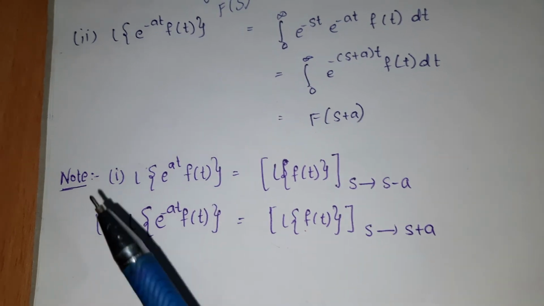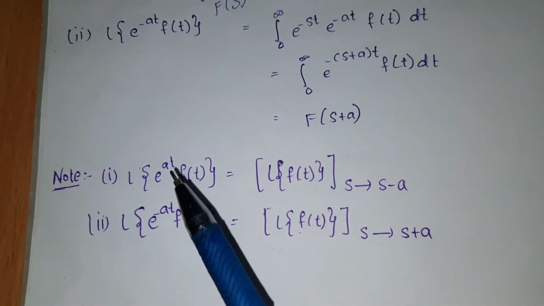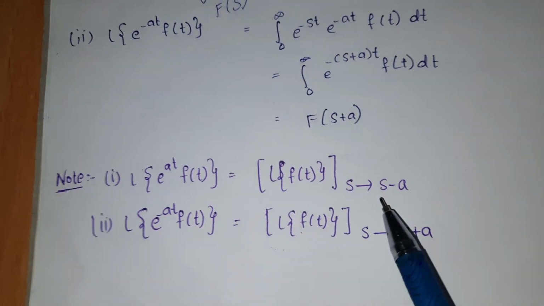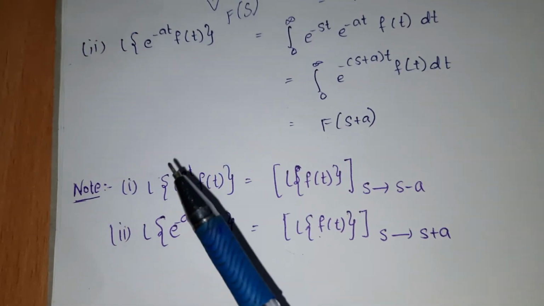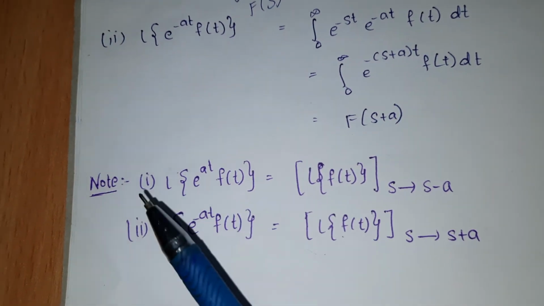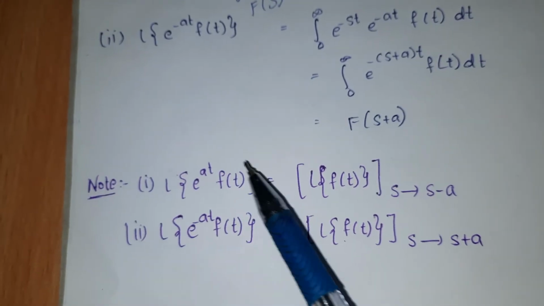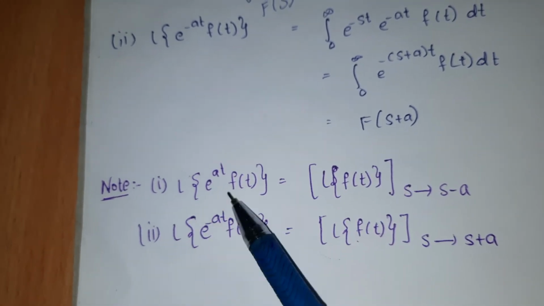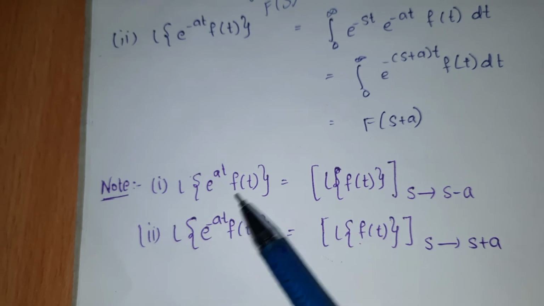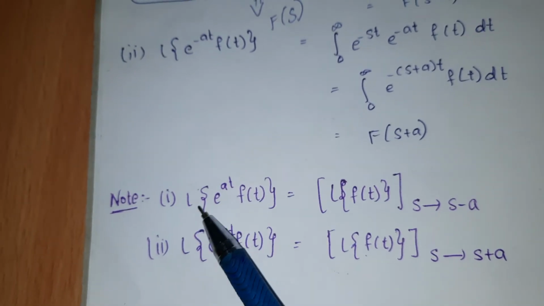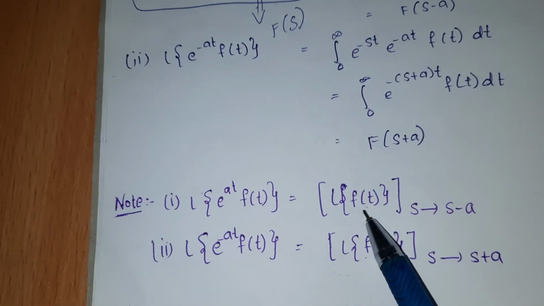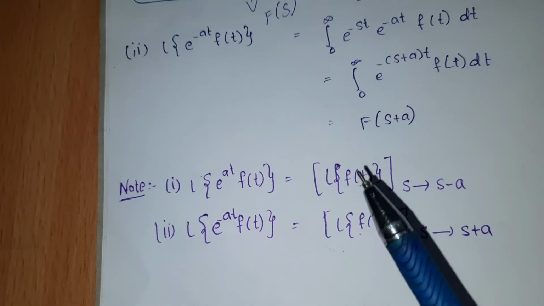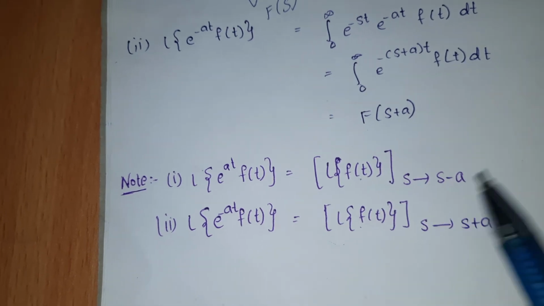Remember: if it is L of e power at f of t, then it is the Laplace transform of f of t with s replaced by s minus a. While solving problems, first find the Laplace transform of f of t, then substitute s minus a in place of s.